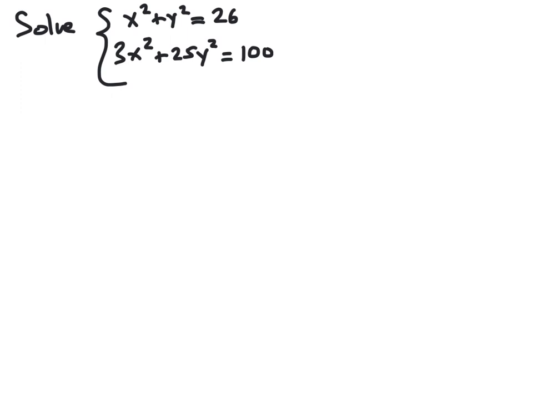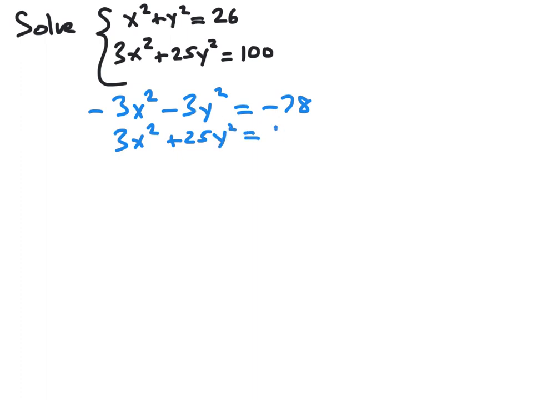In this example, we'll eliminate the x squared. The easiest way to do this would be to multiply the first equation by negative 3. And so we'll end up with negative 3x squared minus 3y squared equals 26 times negative 3, which will be negative 78. And then we'll just leave the second equation alone because now the x squareds have opposite coefficients, and therefore will be eliminated when we add these two equations together.